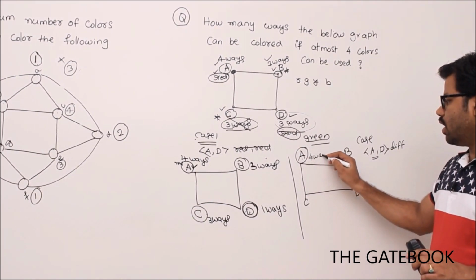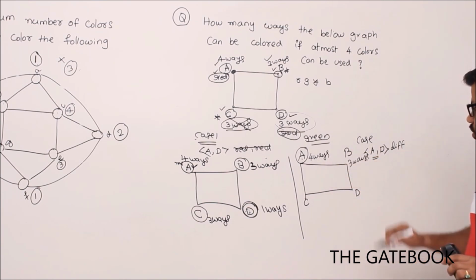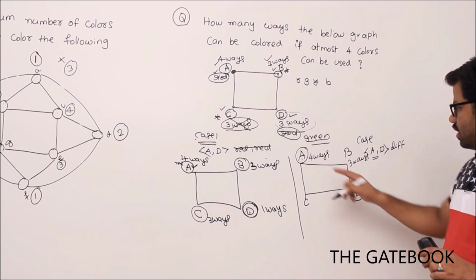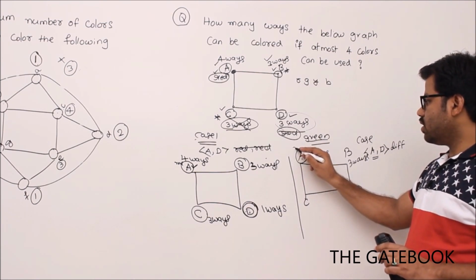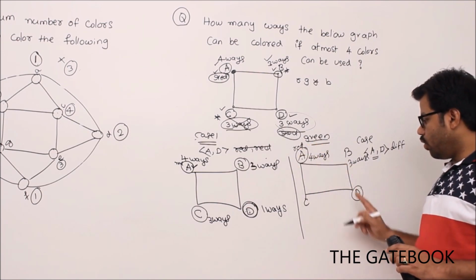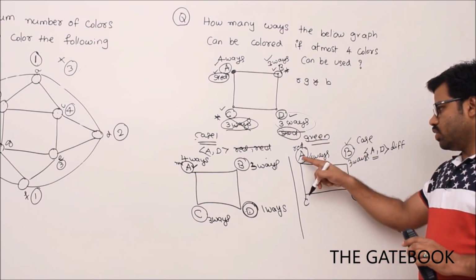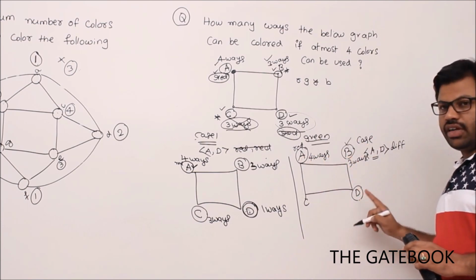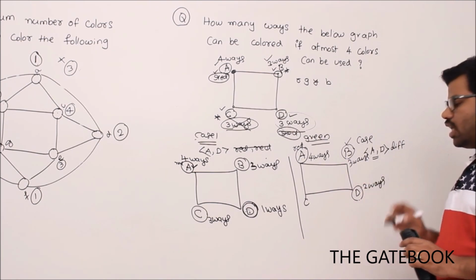Four ways. How many ways can you color B? Same, three ways. Now how many ways can you color D? Since A and D are different, if for example A uses red, then don't use that red, you have to use a different color. You can't use B's color also. Don't use A's color, don't use B's color, then only D will become different. Then this will be two ways, right? Any of the two colors we can use.